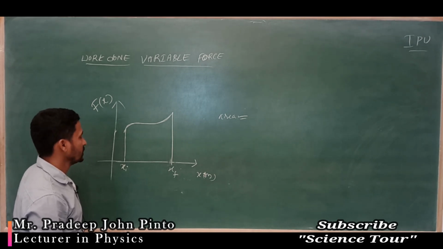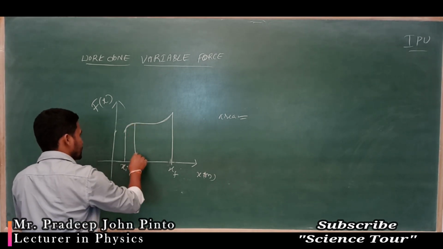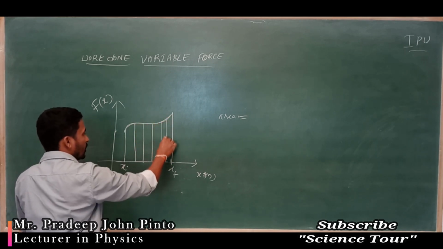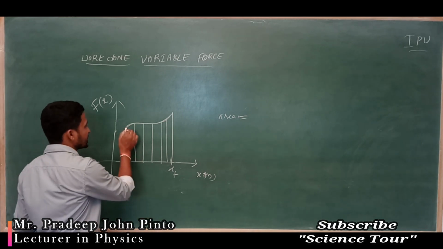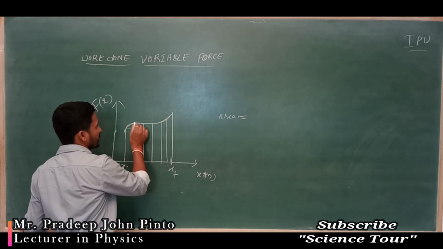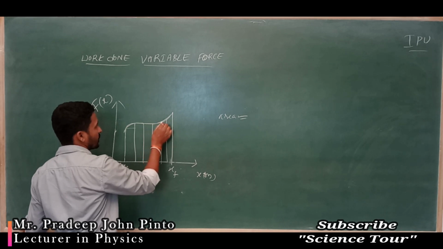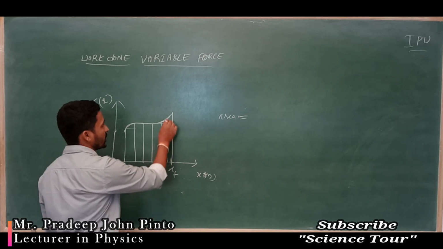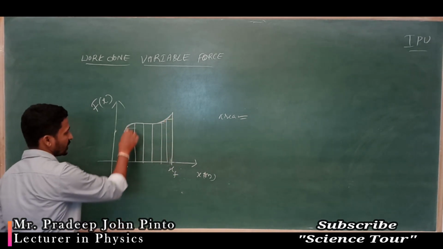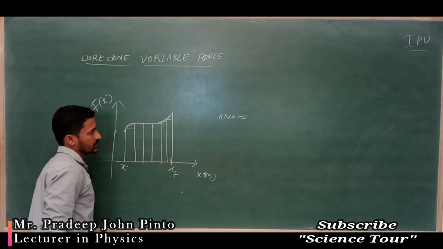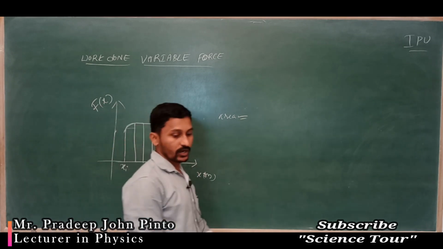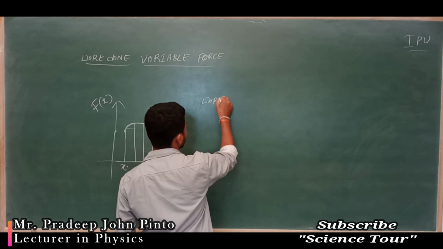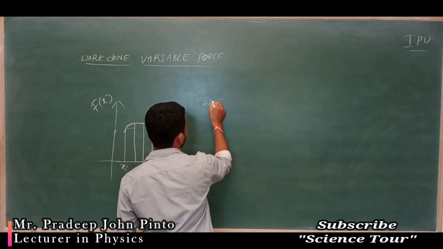So I am going to divide it into small rectangles. Here I get a complete rectangle, here some portion is missed, here some portion is missed. So if I take equal length rectangles, the work done I am going to write down, that is nothing but work done.